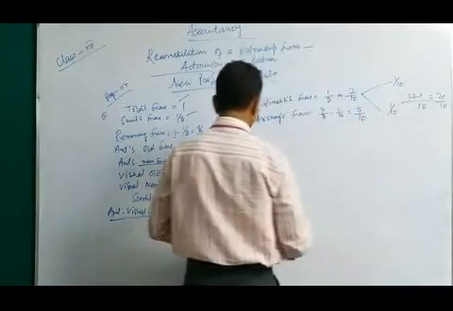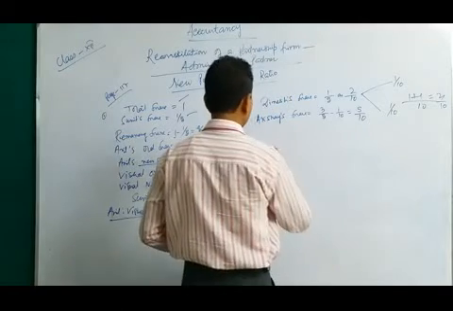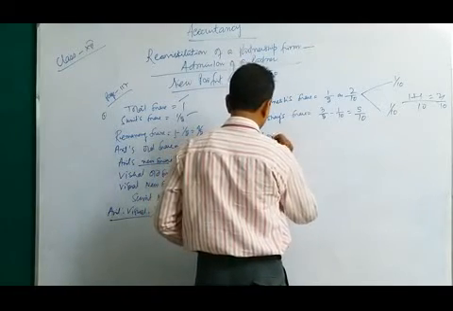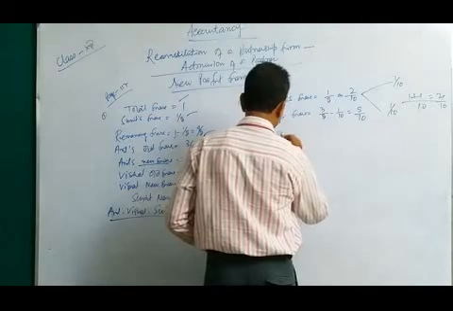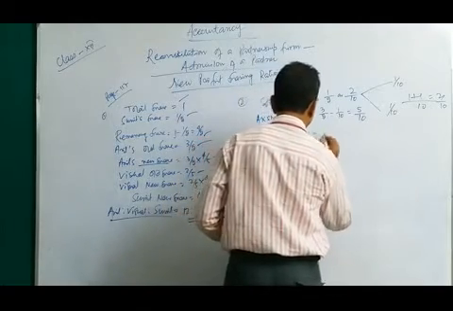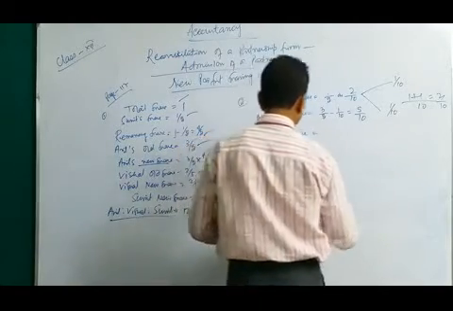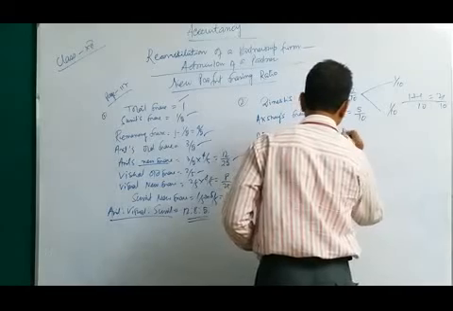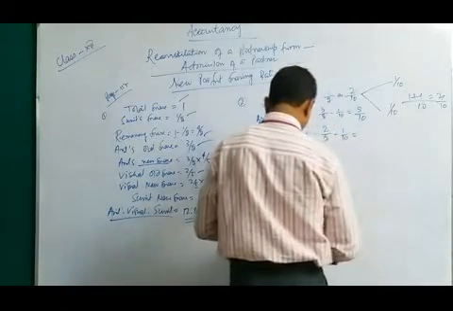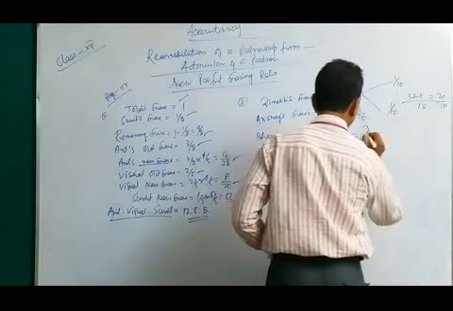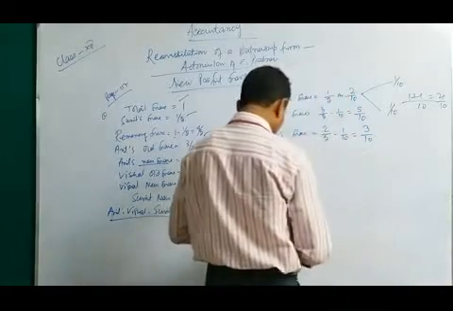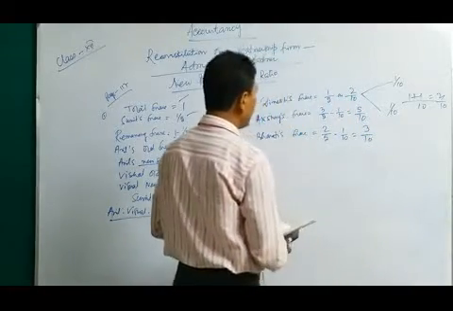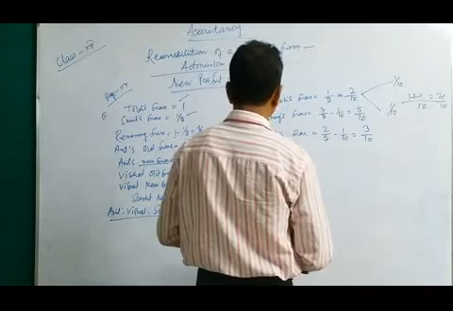3/5 minus 1/10 is equal to 5/10, Akshay's share. Bharati's share is 2/5 minus 1/10, which is equal to 3/10.